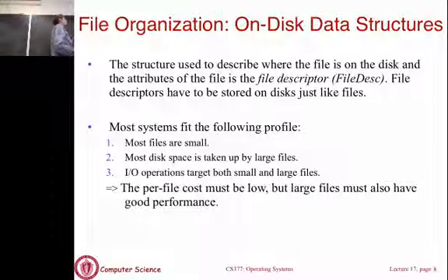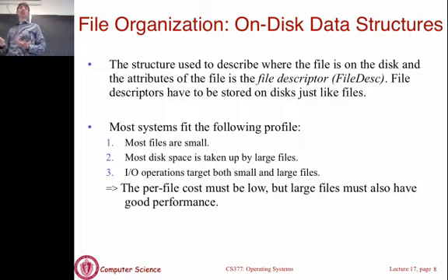A few important properties that are generally true of just about all disks and all systems are very important to keep in mind. One is that most files on a typical system are very small. You have a ton of files on a typical system, and most of them are on the order of maybe a few kilobytes.